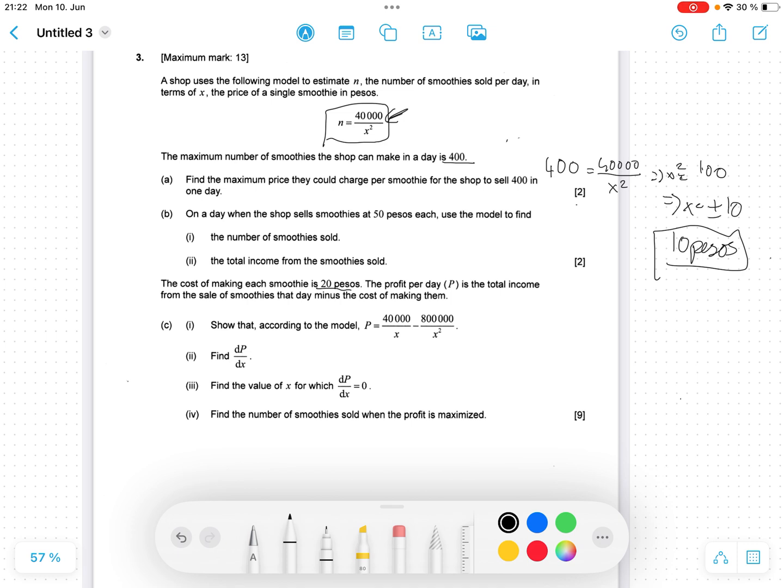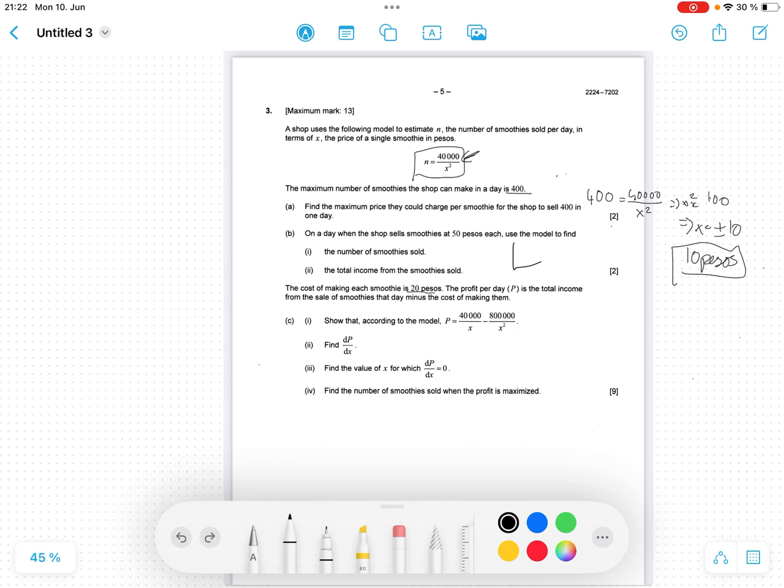So we know that the denominator will be 50 squared, giving us 40,000 over 50 squared, which will then result in 16 being the number of smoothies sold.